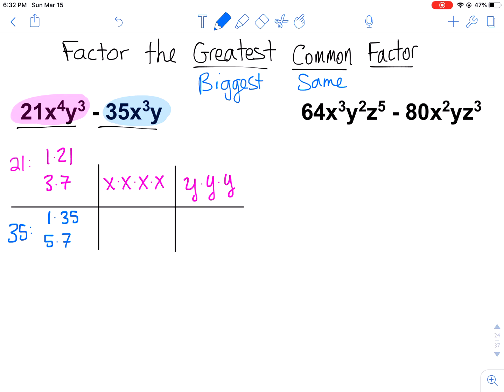And I believe that those are all the factors of 35. So then what we need to do is list out all of our x's that we have. We have 3 x's. And here, remember, if we don't have an exponent, we can put a 1. So we have 1 y.